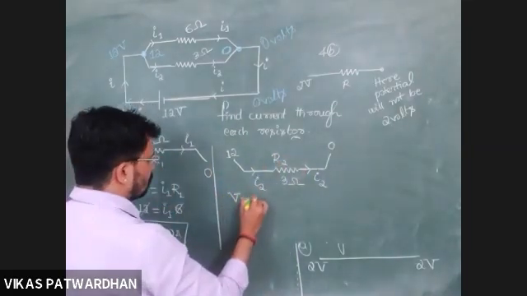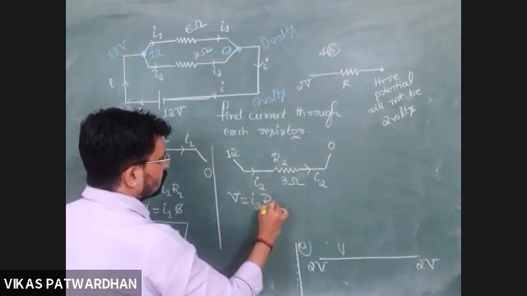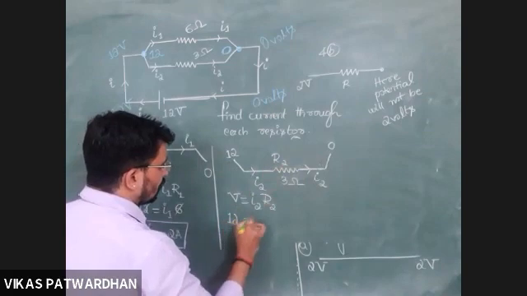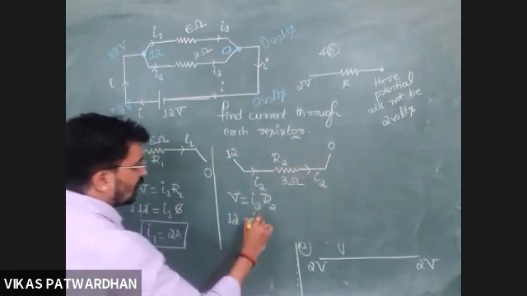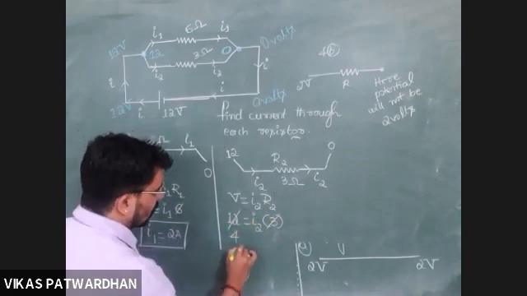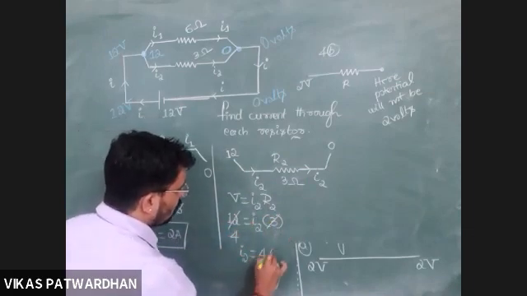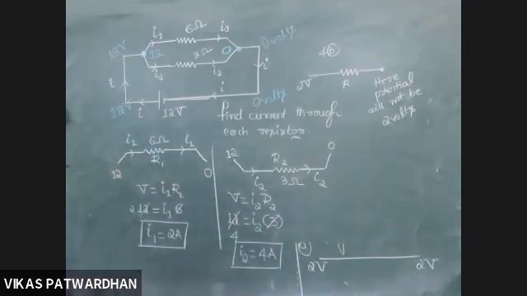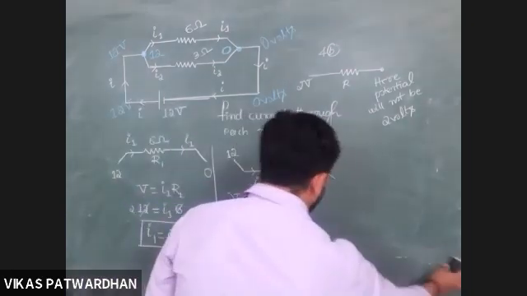V is equal to I2 into R2. V is 12 minus 0, 12. I2 is unknown. R2 is 3. 3 times what is 12? I2 is 4 ampere. Is that clear?